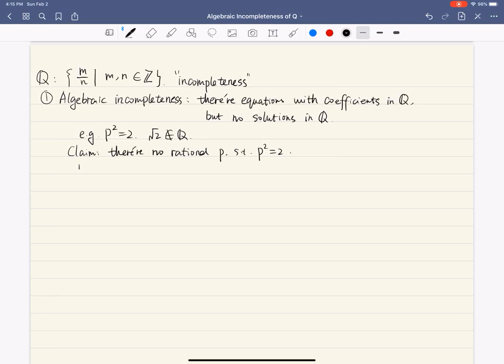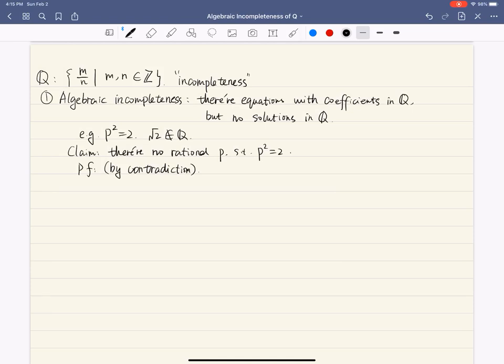So what we're gonna do here is prove by contradiction. Okay, so by writing out "by contradiction" in front of the whole proof, we're telling our readers clearly that we're using the proof by contradiction strategy.